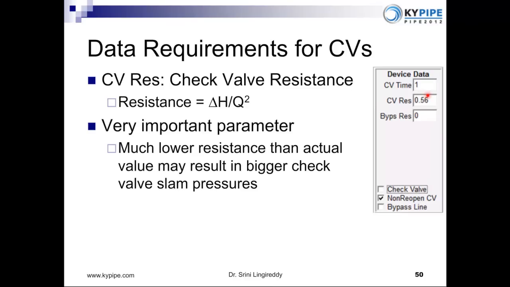The reason is if I have a very small resistance, it will not change the flow rate, it will not create enough resistance, until the valve is closed almost 95%, 99%, and then the last 1% closure is where all the change in the velocity takes place. That can give rise to very high slam pressure in the model, which may not be true in reality.